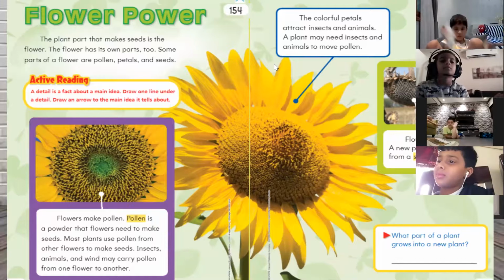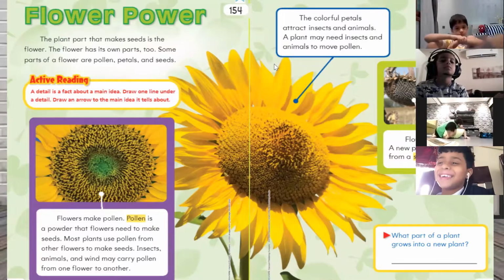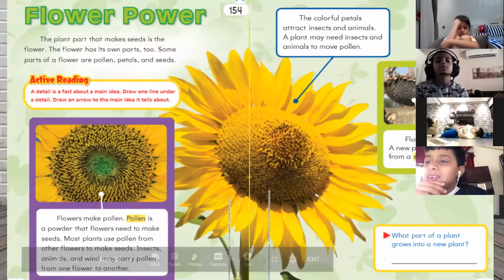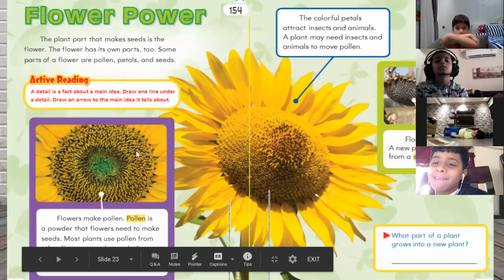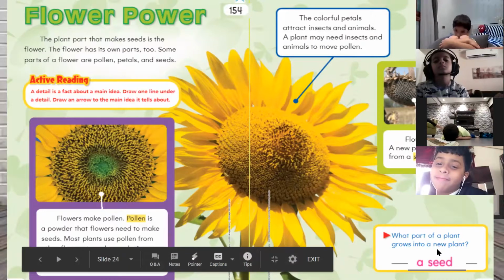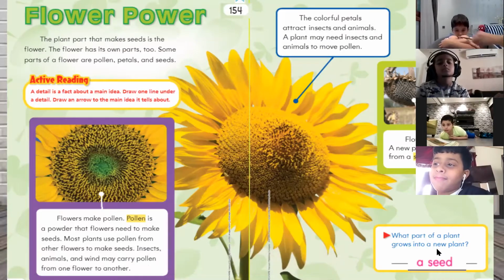Salim, I didn't hear your voice. Hi. How are you? Fine. Alhamdulillah. Now, is the pollen going to grow to make a new plant, or will the seed grow to make a new plant? The seed. Good job. The seed will grow and make a new plant.